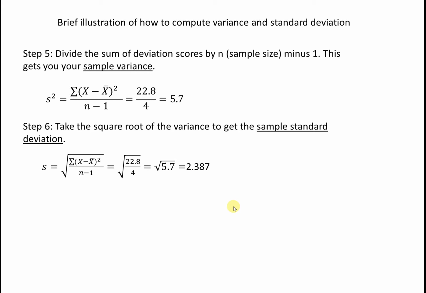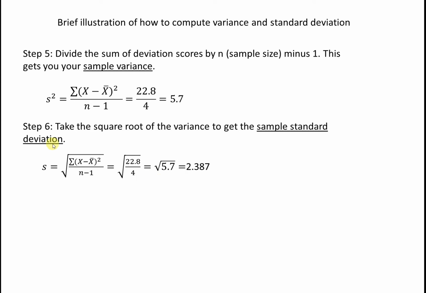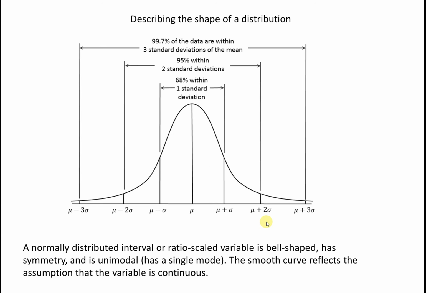If you go with the variance, the squaring process takes our index of variation out of the original units of measurement, and it's kind of confusing to interpret. So when we take the square root of the variance, we get this standard deviation, and this is what is commonly reported in research reports.